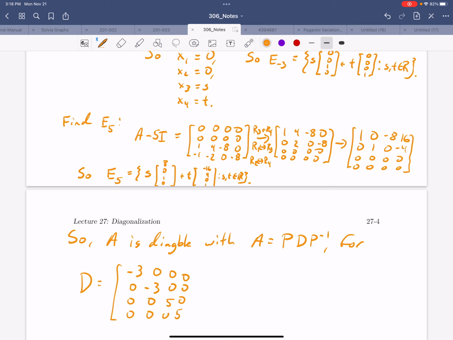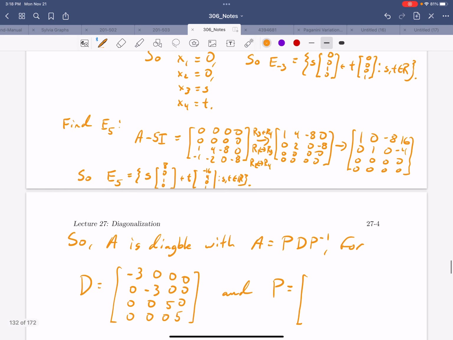So we put negative 3 in the first two columns. So the eigenvectors for negative 3 need to be the first two columns, right? So what were the two eigenvectors? For these, it doesn't matter which way you write them. I'll just write 0, 0, 1, 0, 0, 0, 0, 1.